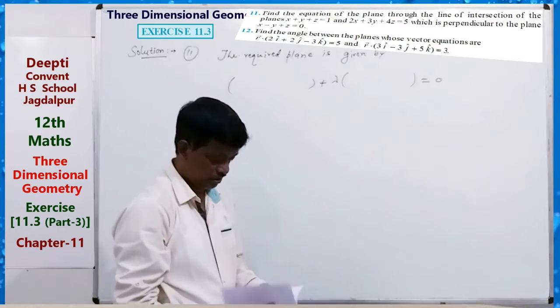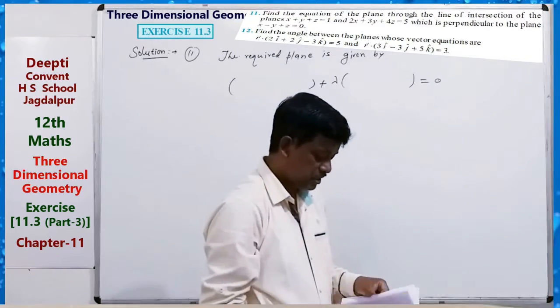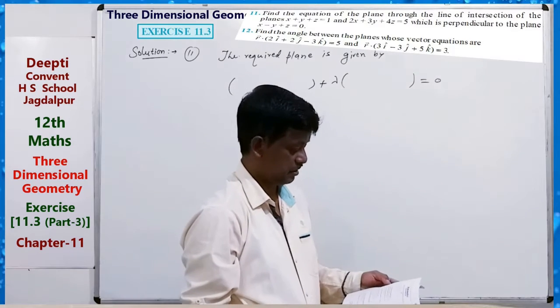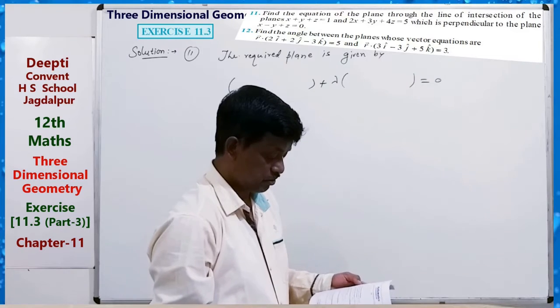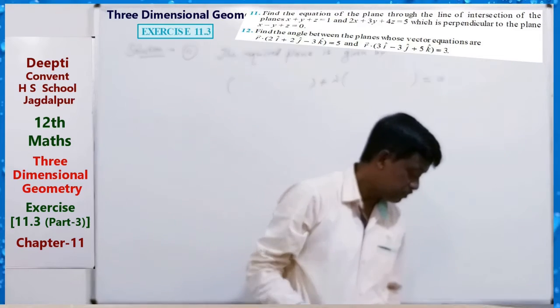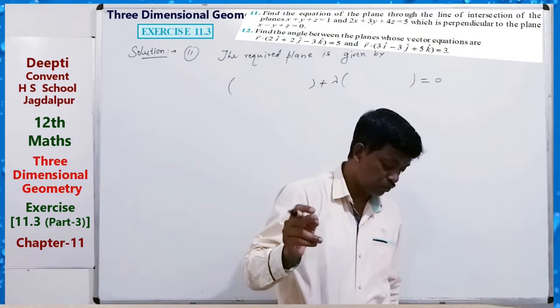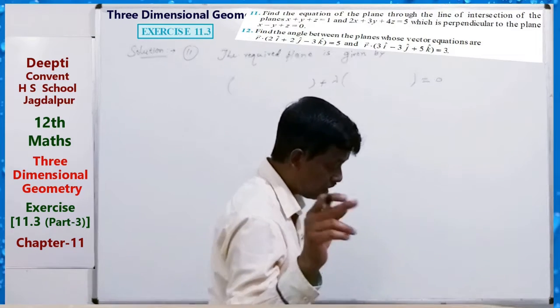What is given? x plus y plus z equals 1 is the first plane, and 2x plus 3y plus 4z equals 5 is the other plane.